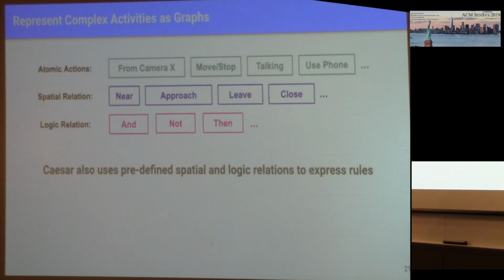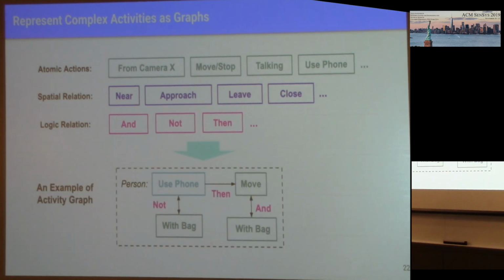To describe the relationships between actions, we also involve spatial relations and logical relations. They are used like a natural language to organize all of these simpler actions into a more complex shape, like this example. A user wants to define, say, people use phone, then move with bag. Then we can use the above vocabulary to form a graph like this.